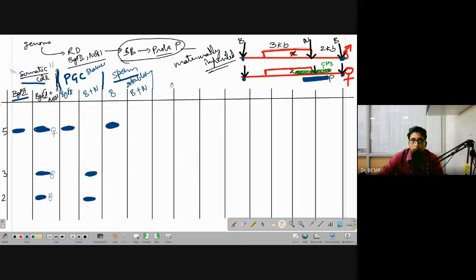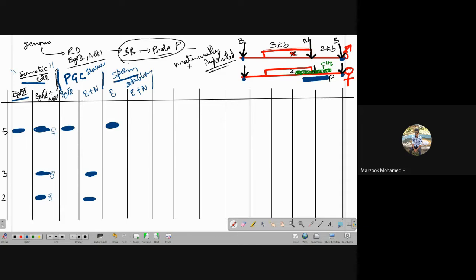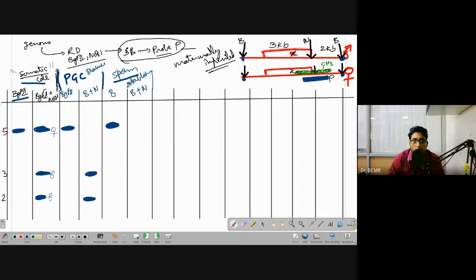So in that case, what bands would you expect and their sizes? 3 kb and 2 kb. Yes, both of them would be cut up.